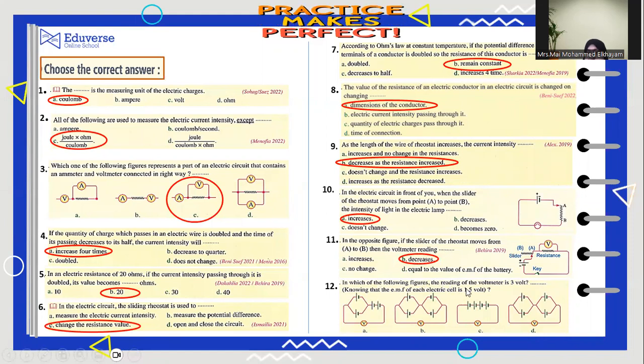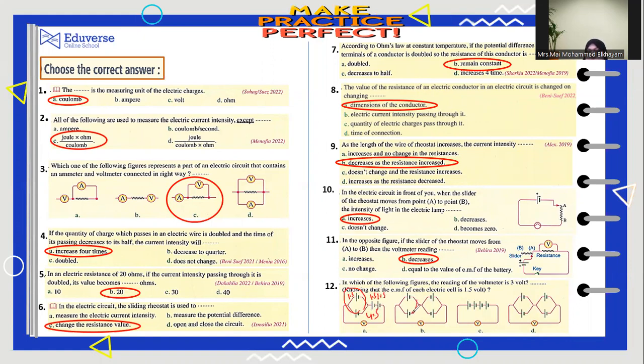In which of the following figures the reading of the voltmeter is 3 volt, knowing that the electromotive force of each electric circuit is 1.5 volt. Let's calculate with each other. Here it is 1.5 volt because this is parallel, plus 1.5 plus 1.5, this is 4.5.